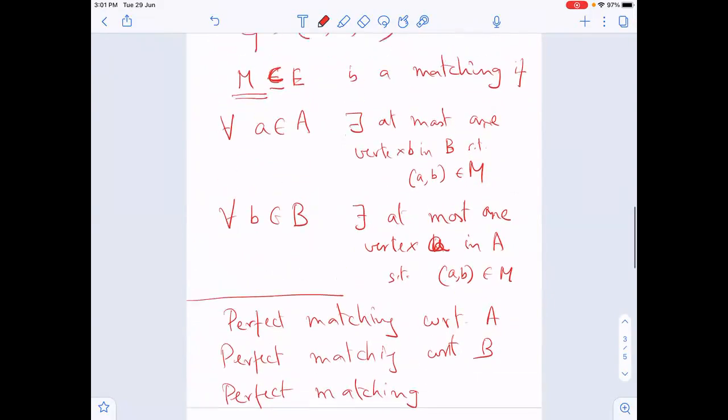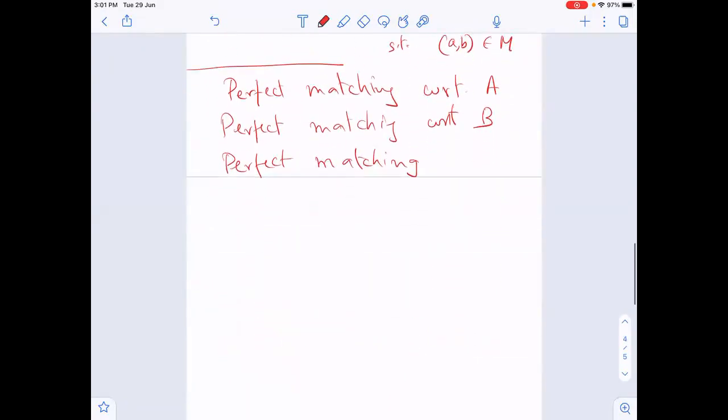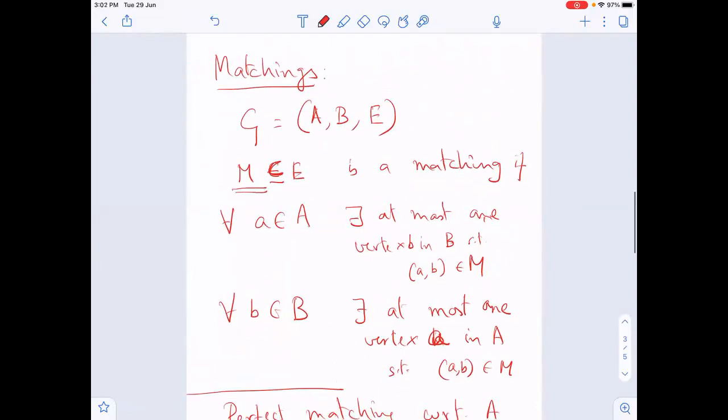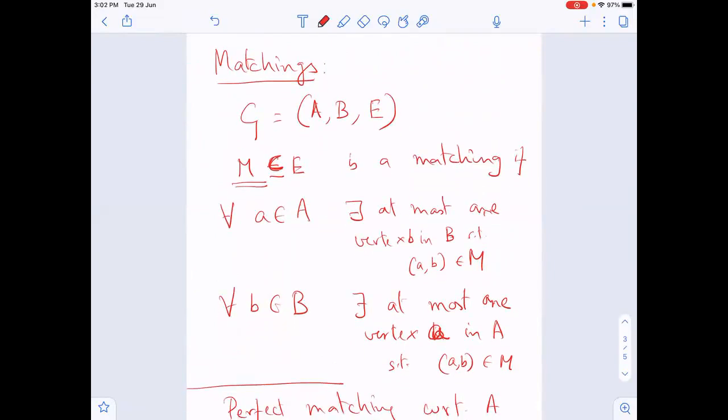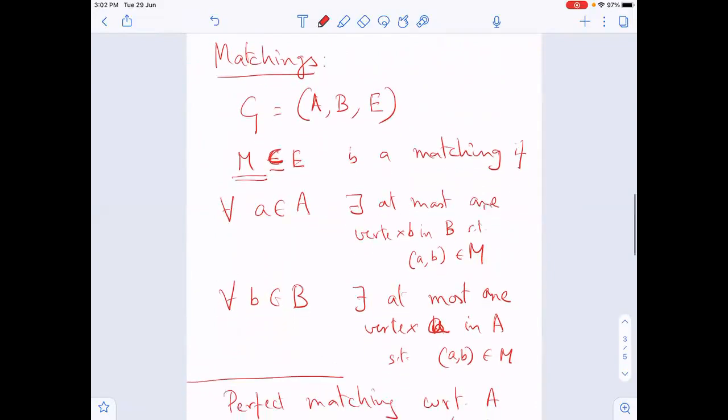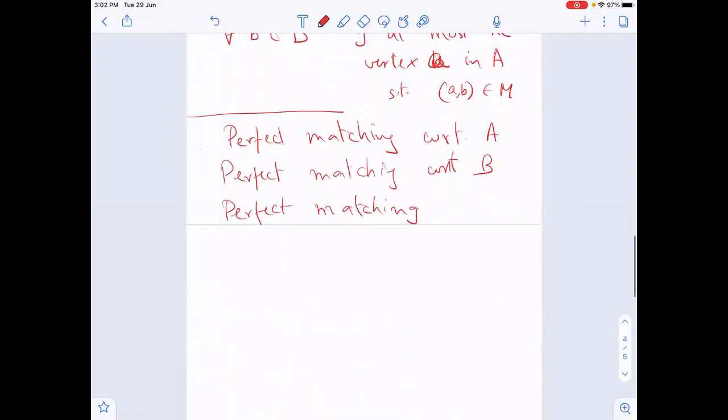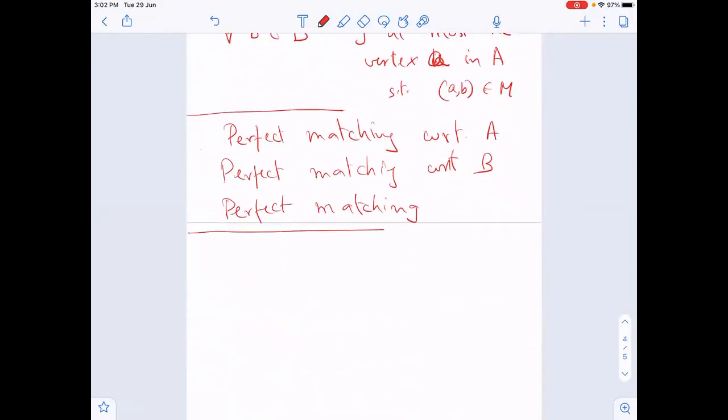In the last class, we saw that a matching can be written as an ILP, an integer program.